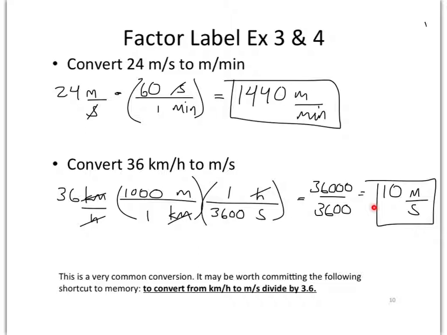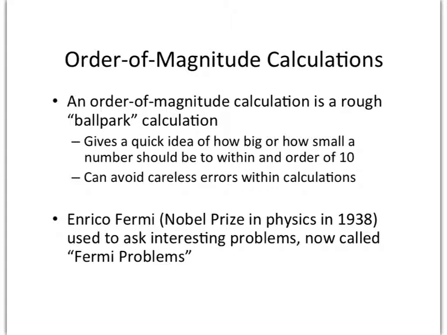I am not going to go to order of magnitude calculations. Well, you know what? I will. I've got 30 seconds. I'm trying to keep this under 15 minutes, so I'm going to quickly go to order of magnitude calculations. Order of magnitude calculations is simply kind of a ballpark estimation, sort of like factor labeling, of how big or small a number should be on the order of 10.